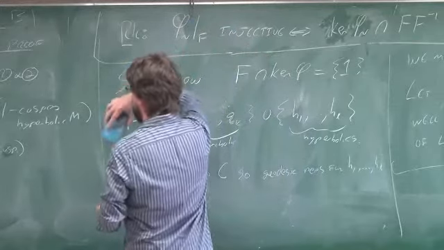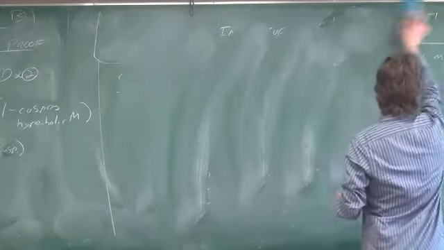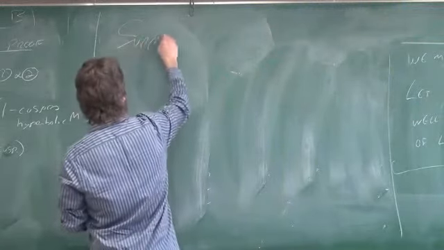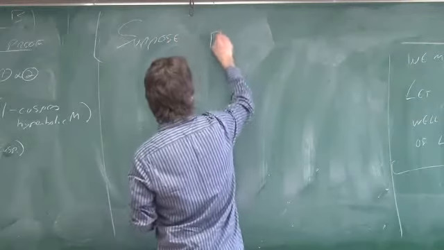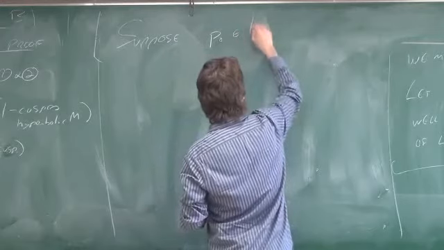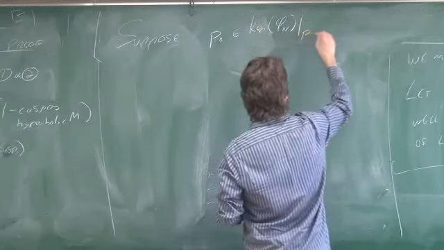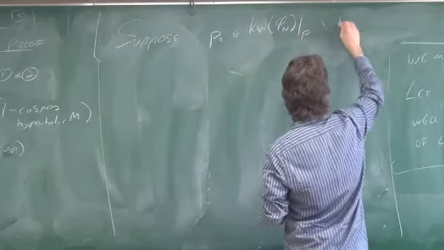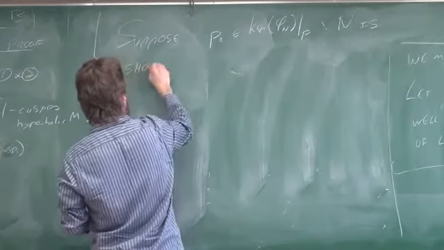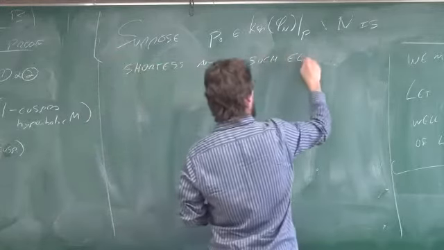So, okay, what do I want to do? Suppose I have P0 in the kernel of phi n restricted to P minus n, and suppose it's the shortest among such elements.